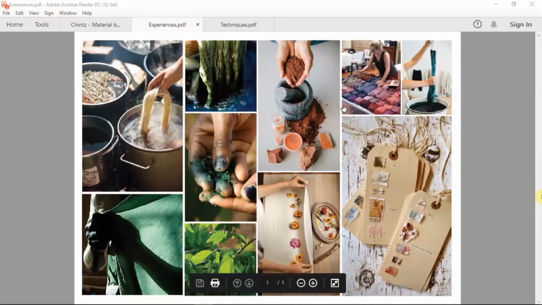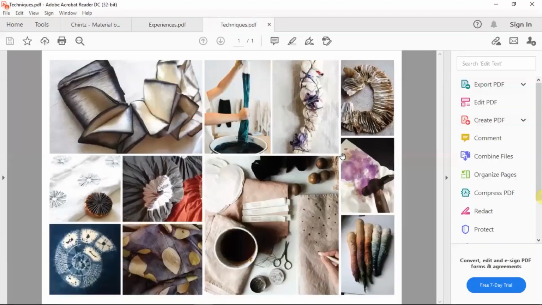This one. This is another mood board. And this is also a mood board for natural dyeing, but this is more about the techniques. Can you comment on that? What type of techniques are they going to use?